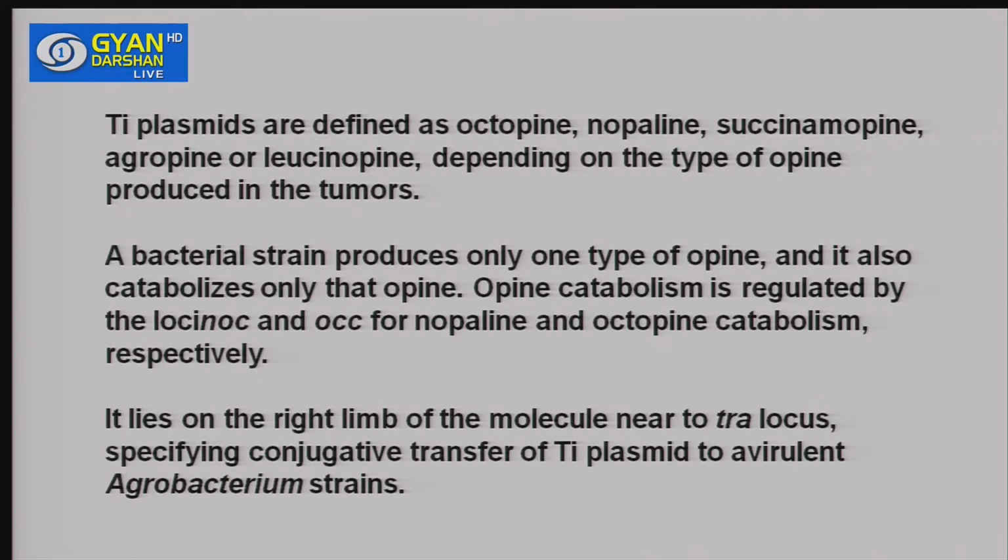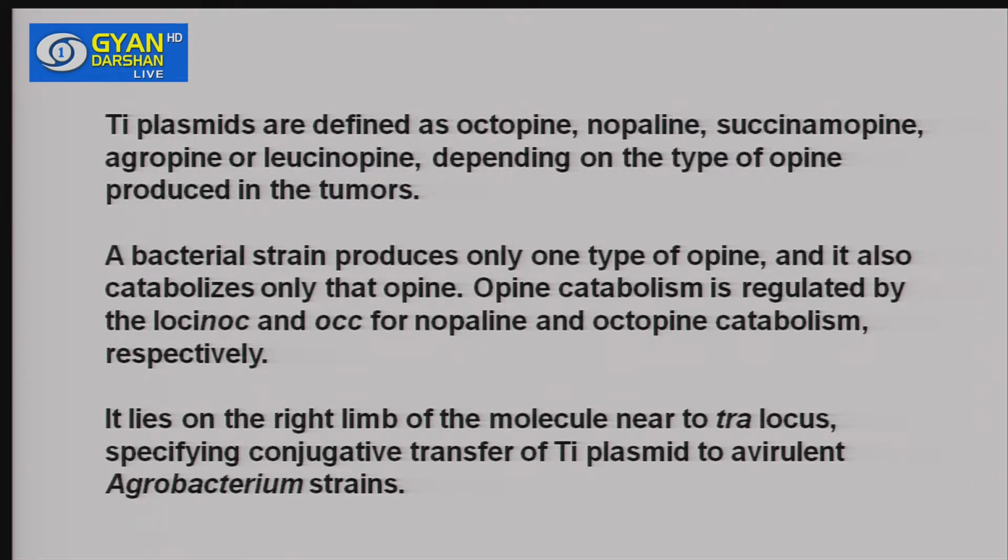A bacterial strain produces only one type of opine, and it also catabolizes only that opine. For example, if it is an octopine TI plasmid, then there is no question that it will synthesize nopaline, or utilize nopaline. It will only synthesize and only utilize octopine.